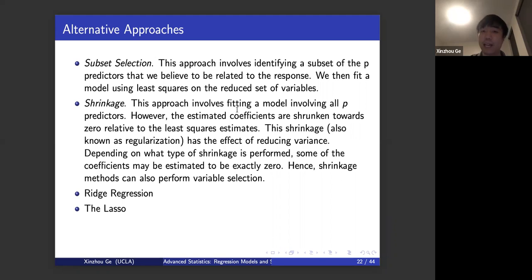Depending on what type of shrinkage is performed, some of the coefficients may be estimated to be exactly 0. Hence, shrinkage methods can also perform variable selection. I would like to introduce two ways to do shrinkage: one is called ridge regression and the other is called lasso regression.